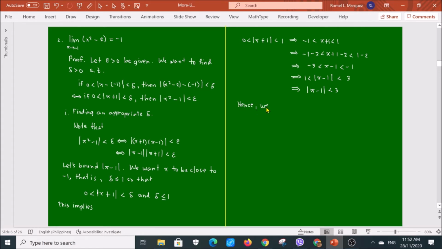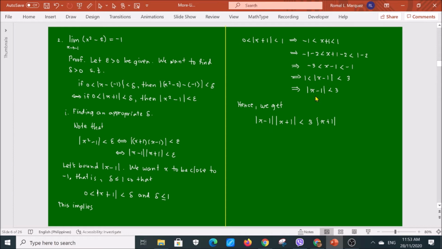Hence, we get the absolute value of x minus 1 times the absolute value of x plus 1, which is less than... but this is less than 3. So meaning this is less than 3. If I replace this by 3, this is now greater than this product.